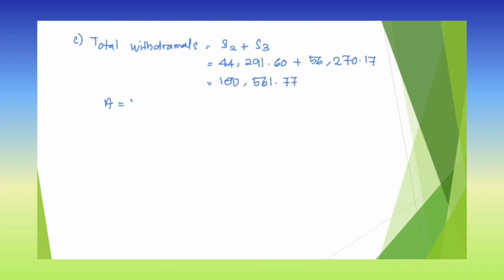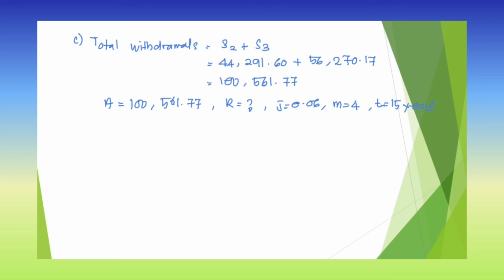And this is our A. So A is 100,561 and 77 cents. R is the equal withdrawal that we have to find. The interest rate J is 0.06 compounded quarterly, M equals 4, for a period of 15 years, so T equals 15 years.